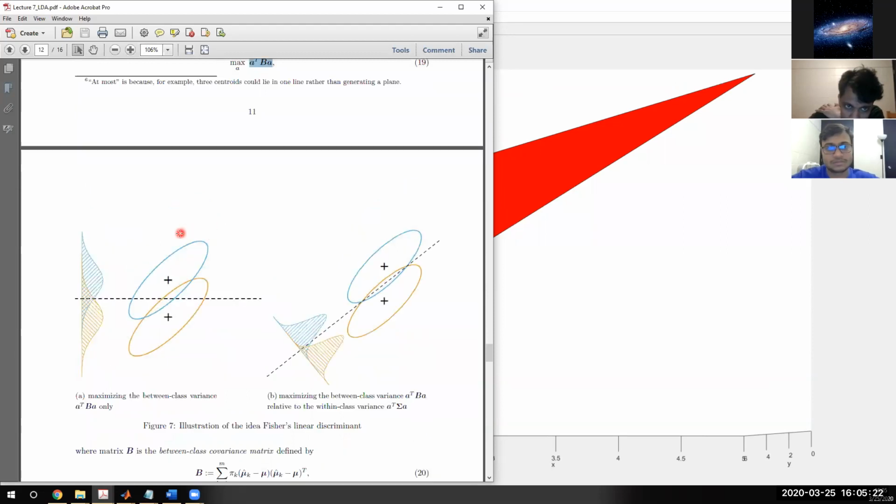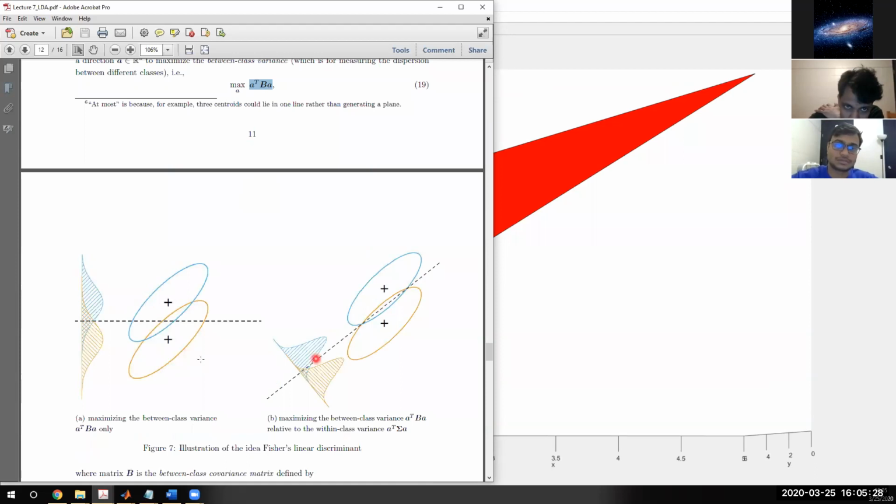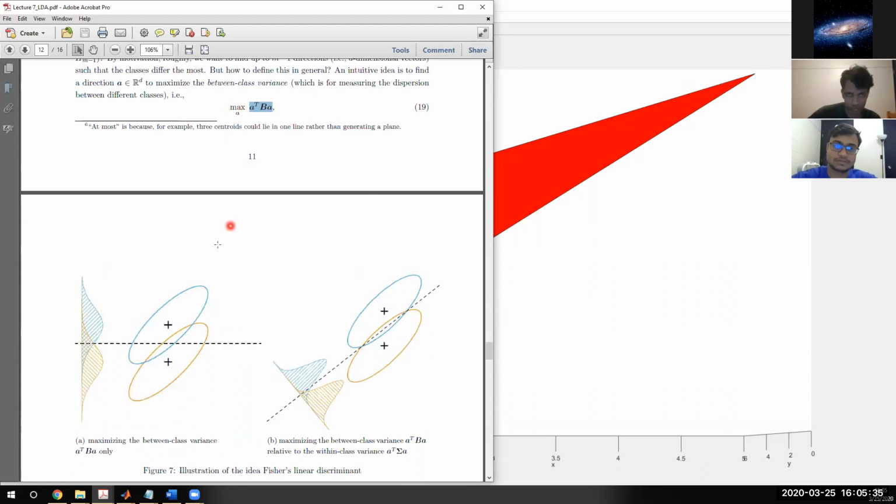I may have a look at this direction. However, there's a problem. This intuitive method is smart, but it has a problem. For example, have a look here. From this picture, you just want to maximize the between class variance. The question is, what if I have a lot of overlaps? For example, here, yes, the between class variance is relatively large, from here to here.